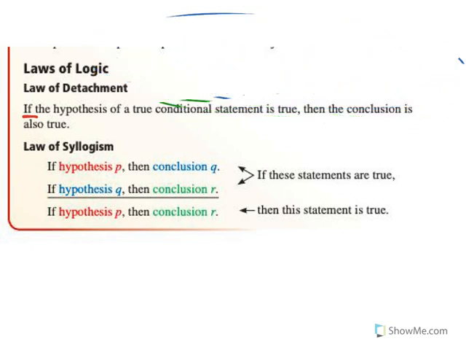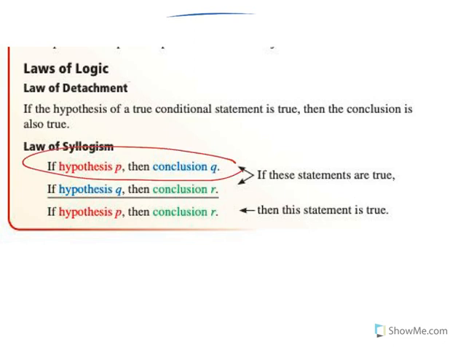The law of syllogism is a little bit less tricky than the law of detachment. To have the law of syllogism, you have to be given two if-then statements. If you are only given one conditional statement, then it can't be the law of syllogism. There has to be two statements.